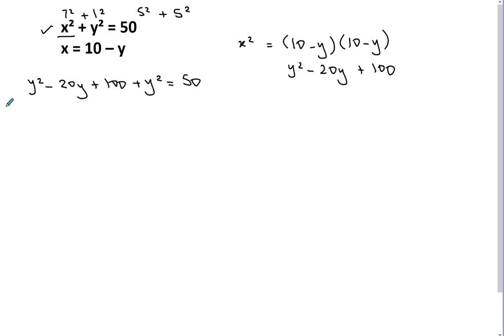Okay, we'll collect like terms and minus the 50. So you've got 2y squared minus 20y, and then 100 minus 50 is plus 50. And again, we're quite okay because everything can go into 2 equals 0.